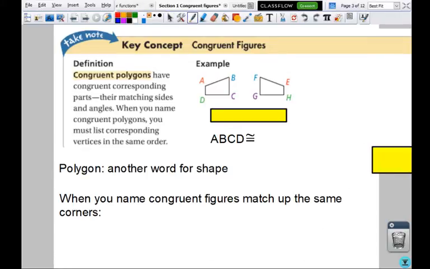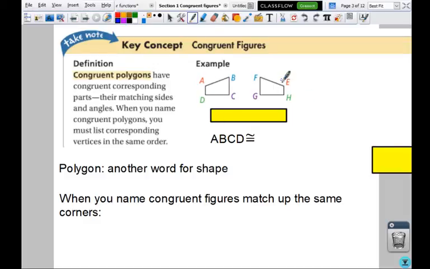So when we talk about congruent shapes, or congruent figures, or congruent polygons, they're all kind of the same thing. We are going to match up the same corners when we list it. So if I'm going to look at these two polygons right here, if I have shape ABCD, and I want to say it's congruent to the shape over here on the right, I have to match up the same corners. A is the first corner I've got listed here.